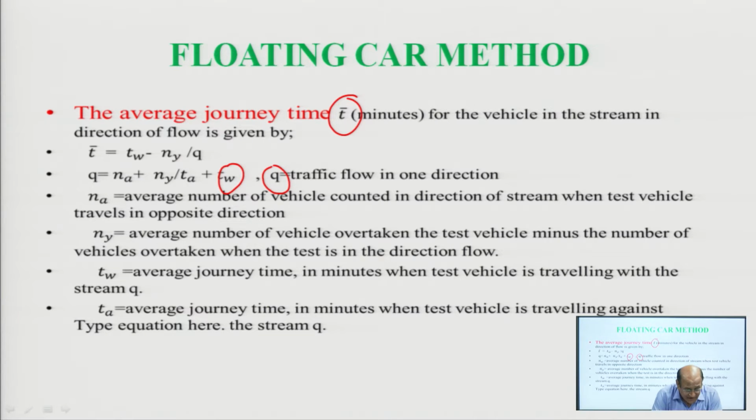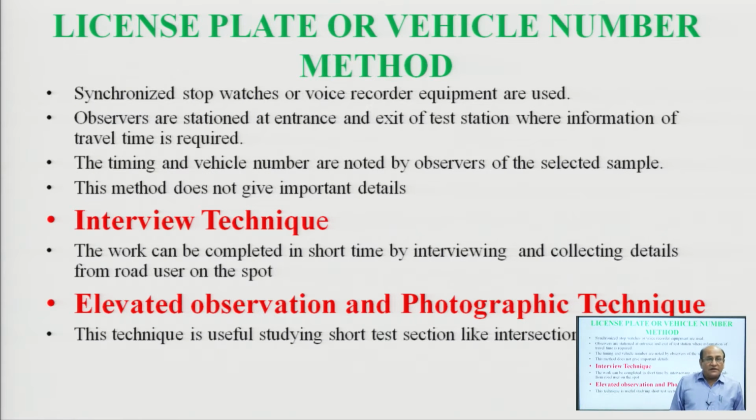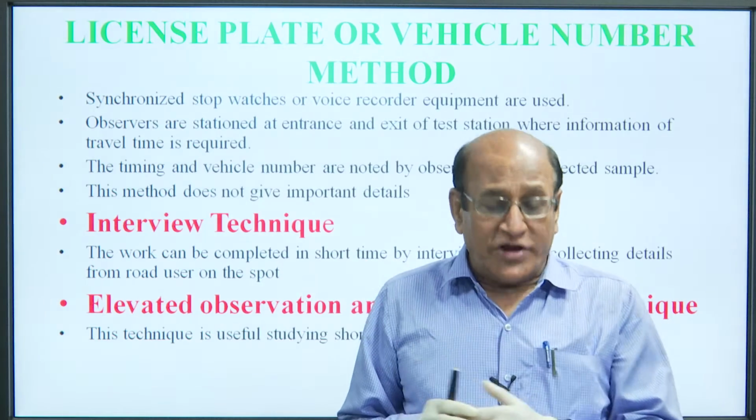TW is the average journey time in minutes when the test vehicle is traveling with the stream Q, and TA is the average journey time in minutes when the test vehicle is traveling against the stream Q. So, this is the floating car method.